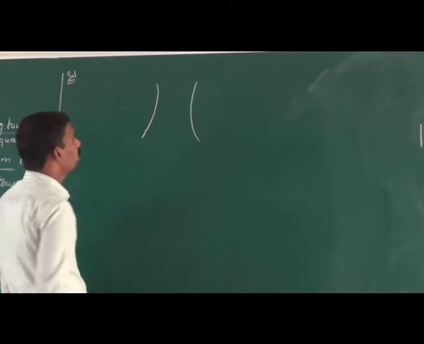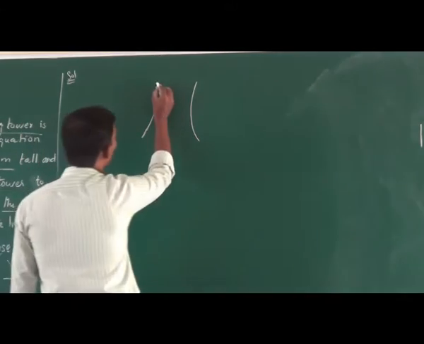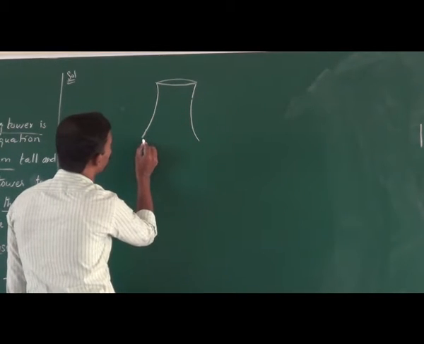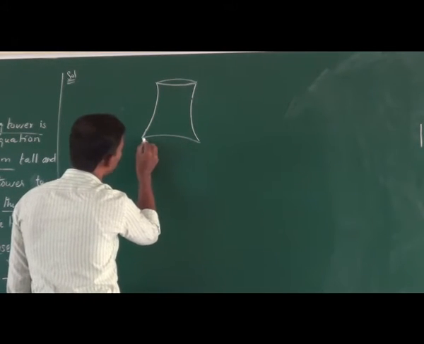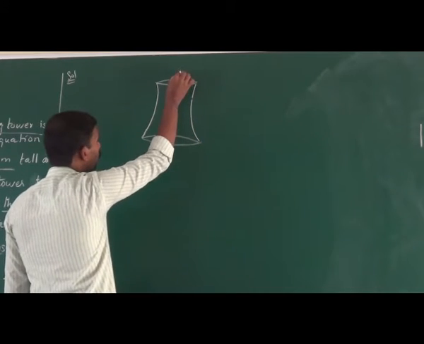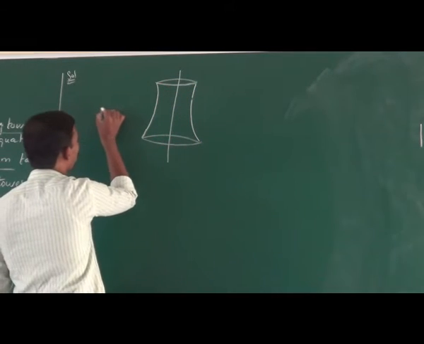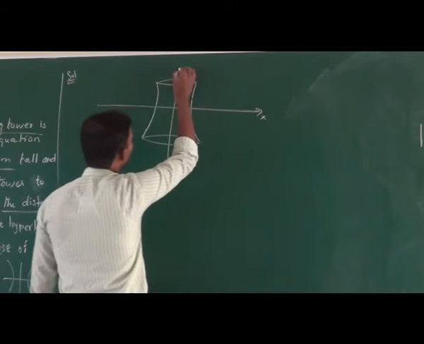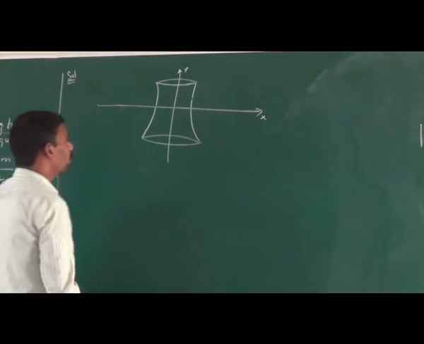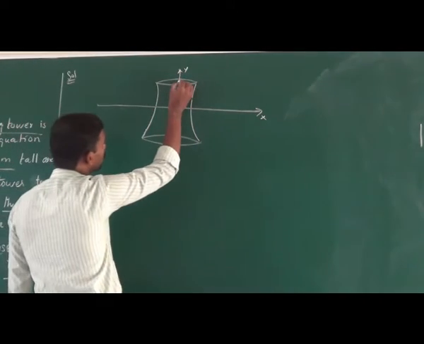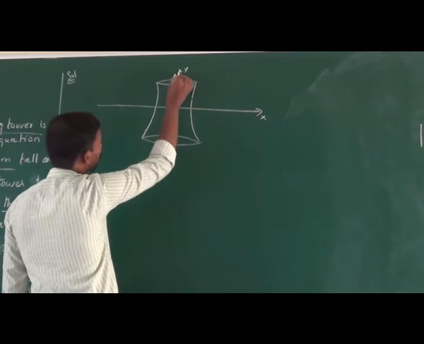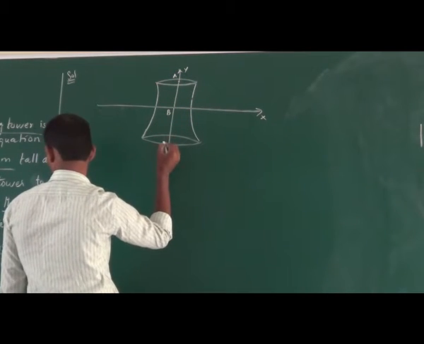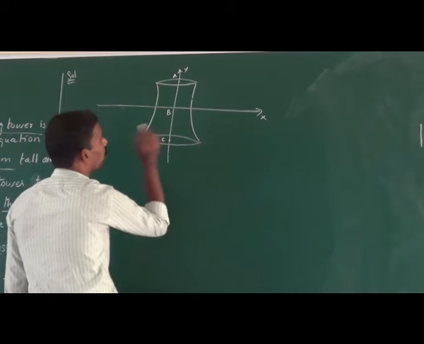This is the nuclear cooling tower. This is the top of the tower. This is the base of the tower. Now we want to draw the coordinate axes. This is the x axis and this one is the y axis. And the names are already given. So this is A, this one is B, and this one is C. Right?